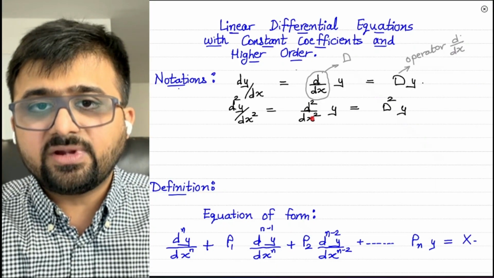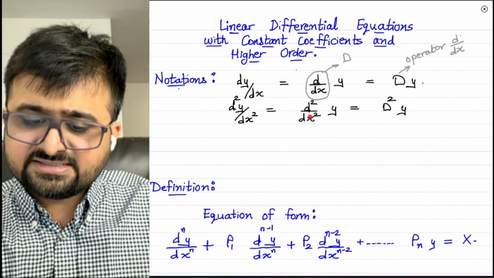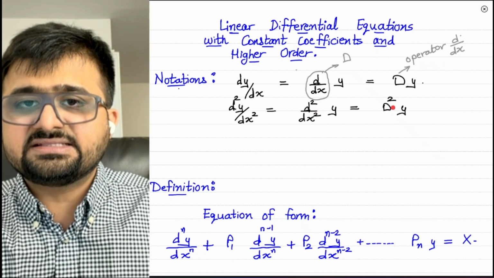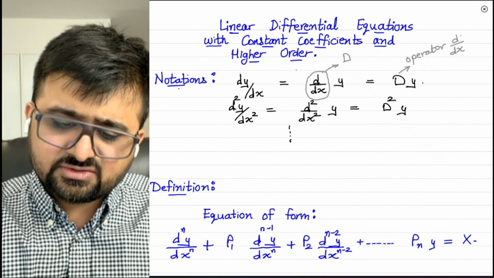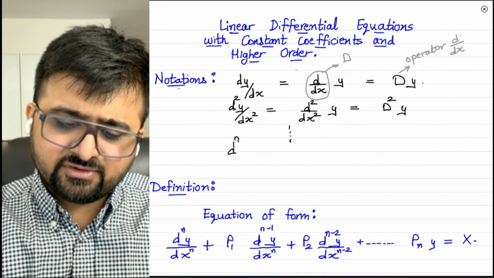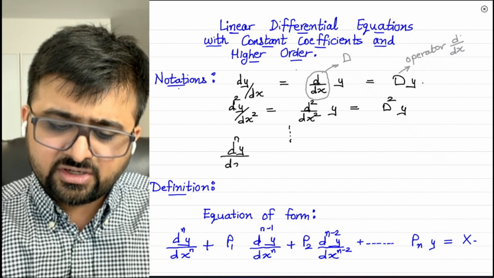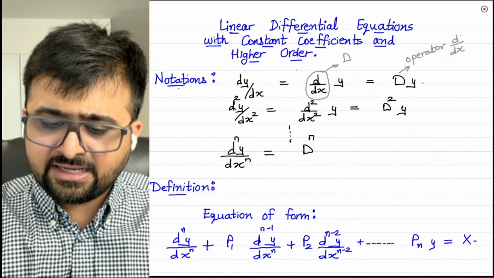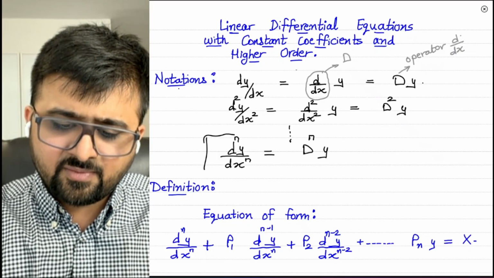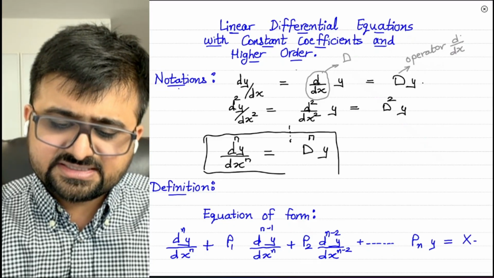So this d square by dx square operator is nothing but capital D square, and so on. If I have nth order derivative of y with respect to x, this can be represented as Dn of y. We'll remember this notation throughout this chapter.